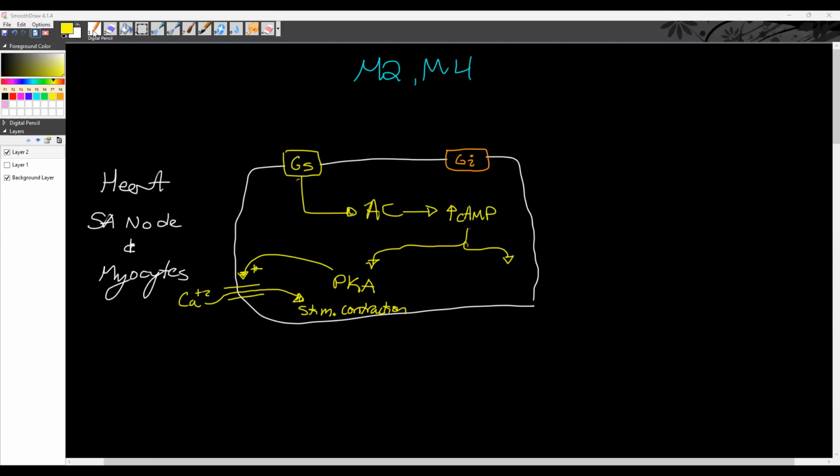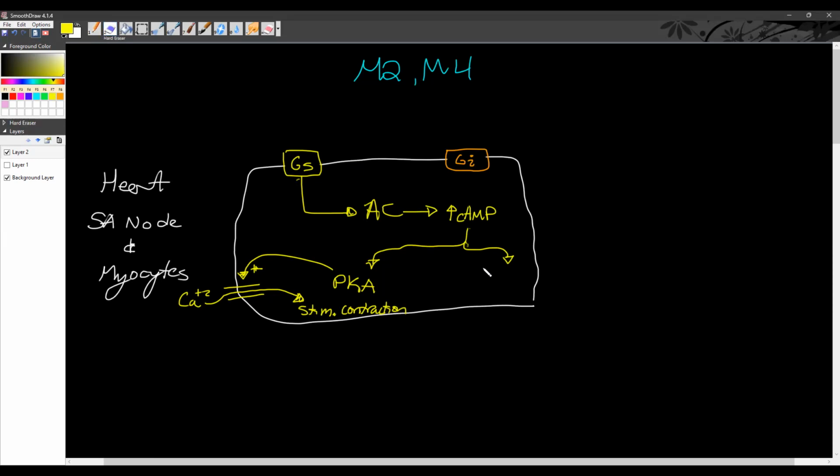The other part to this, oh no, just one part. So GS on the heart cells is going to increase contraction. I believe there's also going to be some factor that has to do with hyperpolarization.